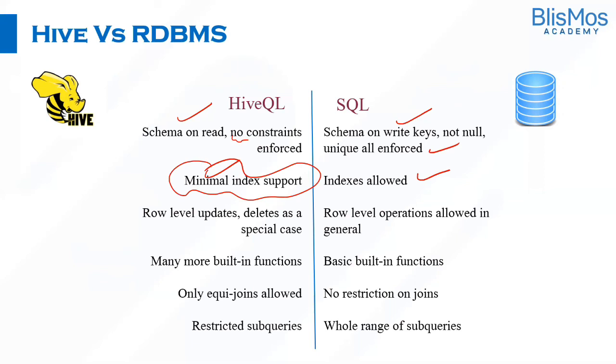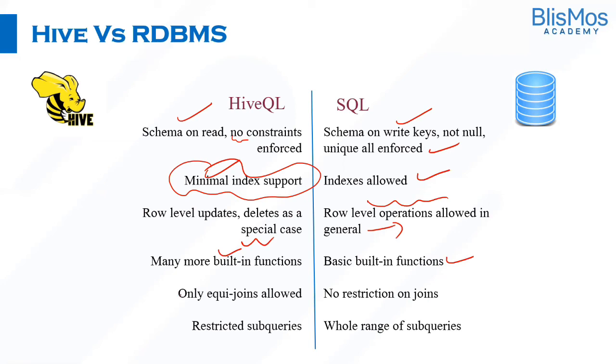Row level updates are not much supported in Hive, and deletes are treated as a special case. Row level operations are a daily routine in case of SQL. There are many built-in functions in HiveQL, but only basic built-in functions in SQL.